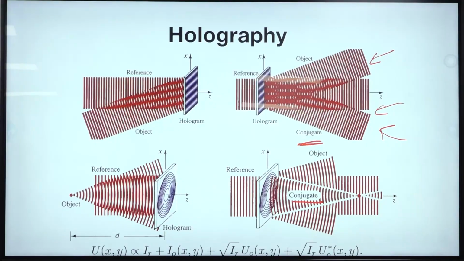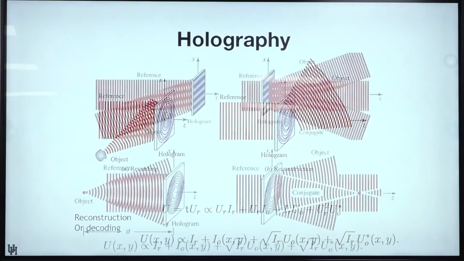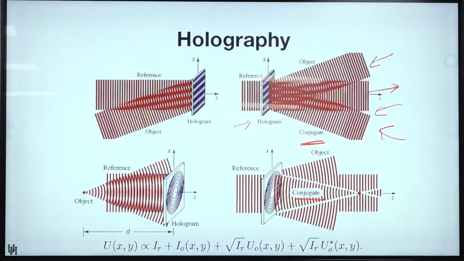After you do the recording, if you have a reference beam here, the equation I mentioned says that you have the intensity of light, which is basically going straight like this. Then the U0 field goes this way, and the U0 conjugate goes downward.